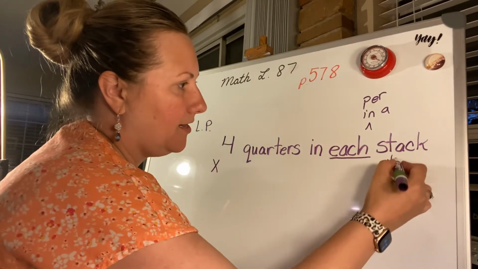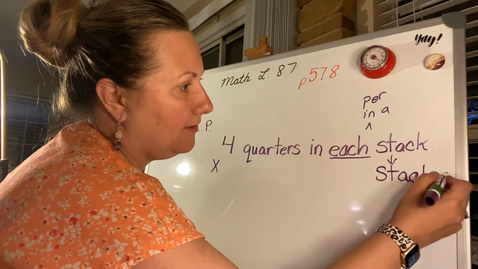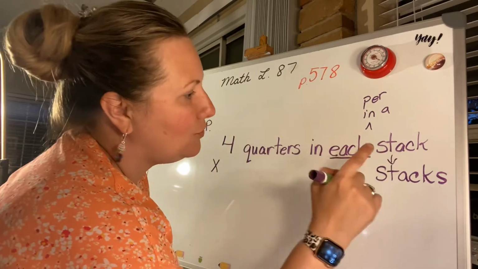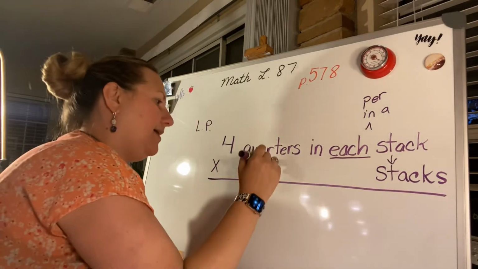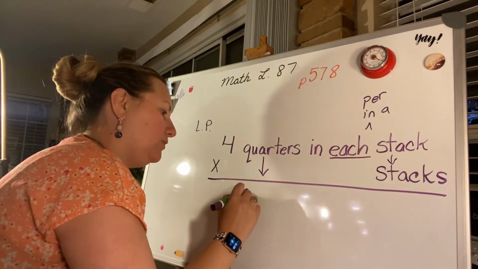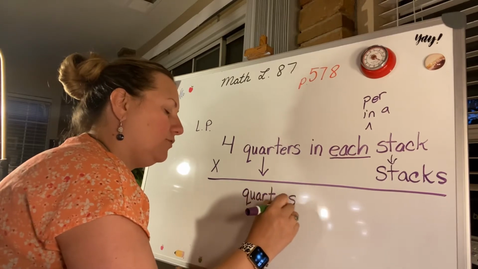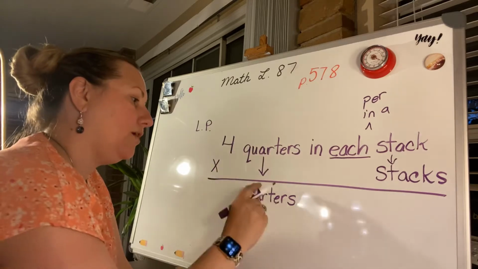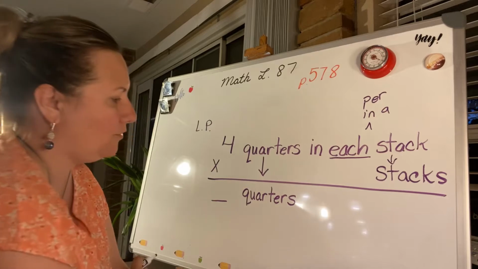Then I've taught you that in the next line, do the plural of whatever came after that word each. Write the plural of that word in the next line. And then bring this word, whatever it is, in your story problem, bring that down, because that is the number that will also be in the total.